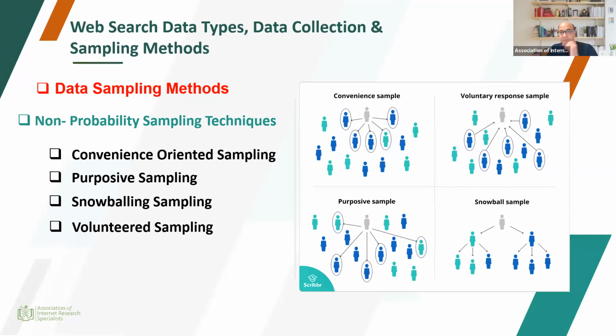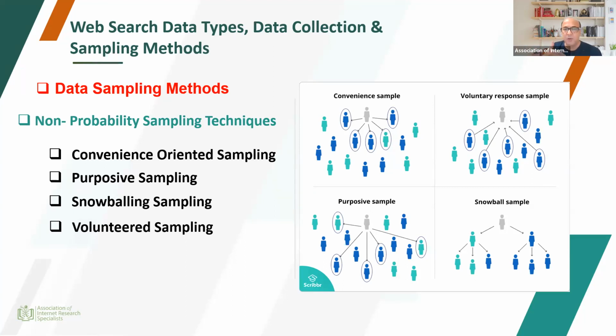Then we've got purposive sampling. In purposive sampling, you need to give motivation to, let's say, two people right here in green color. You would expect these two to have some connection with others that they can refer you to, or bring as guests or as someone that can participate.